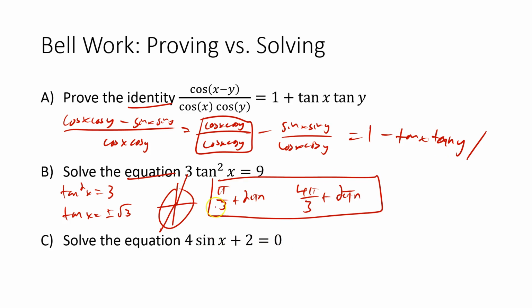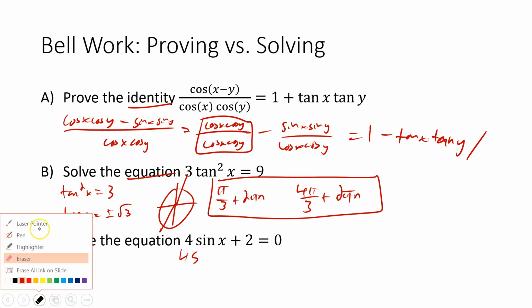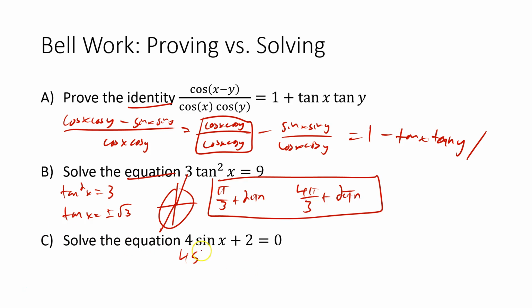Now we have 4 sine x plus 2 equals 0, so we have 4 sine x is equal to negative 2. So sine x is negative 1/2.